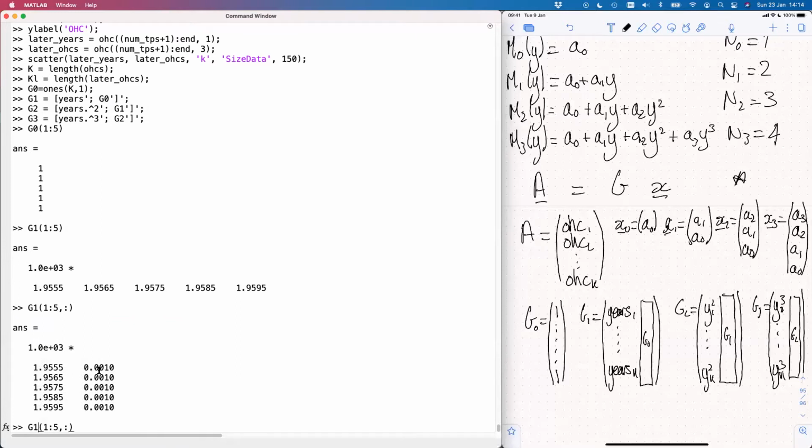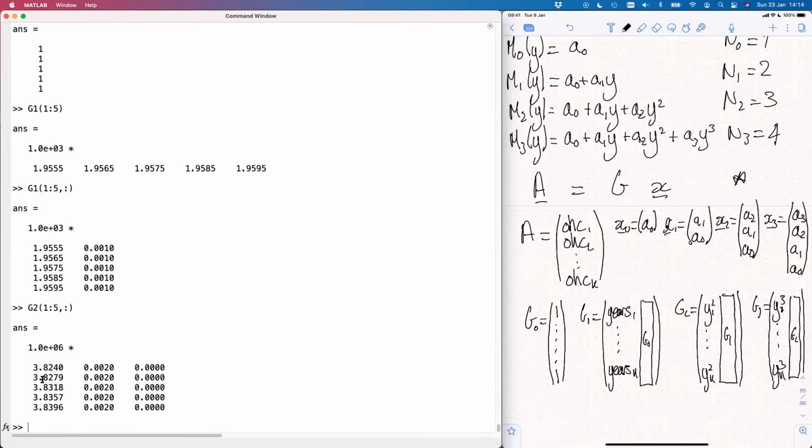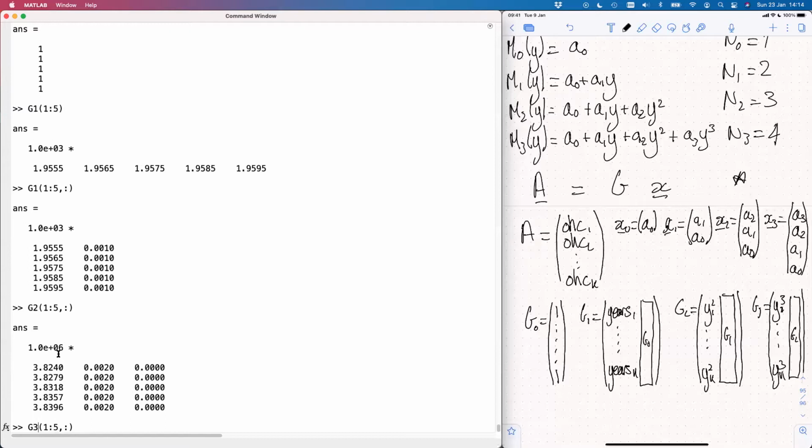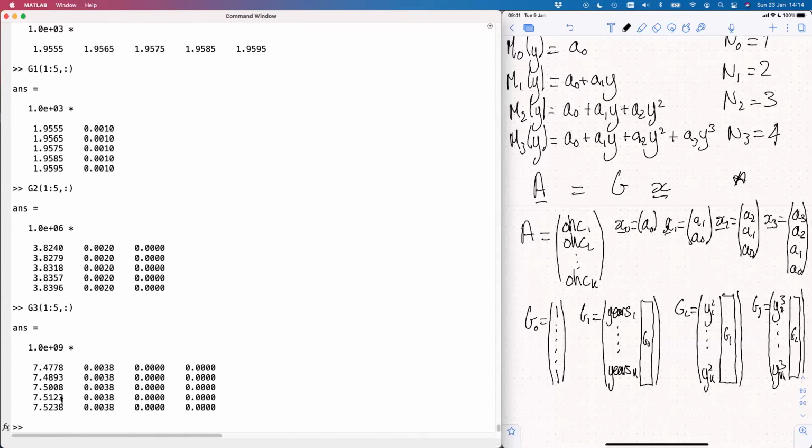Similarly, G2 will have years squared, years and ones, and G3 similarly will have a 10 to the 9. Let's just write it out for completeness. The first column is 10 to the 9 because it's approximately 2,000 to the power of 3. Okay, so those are our design matrices.